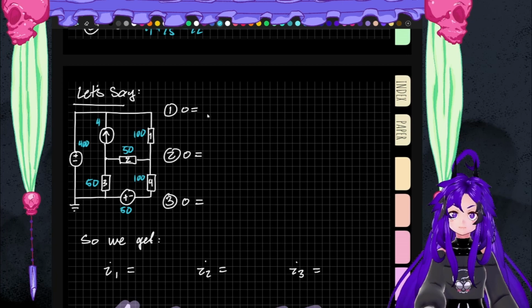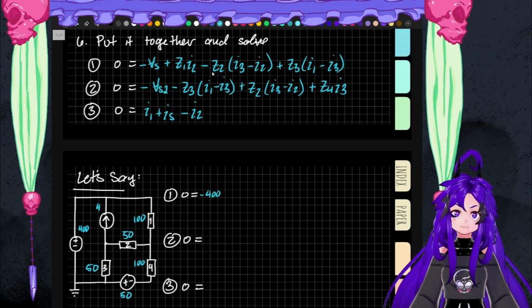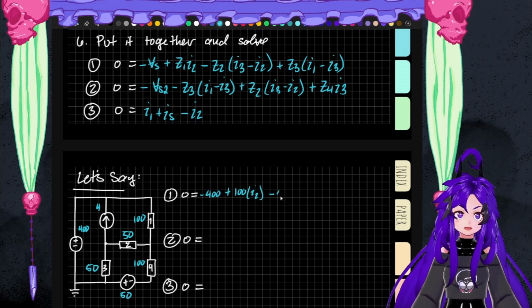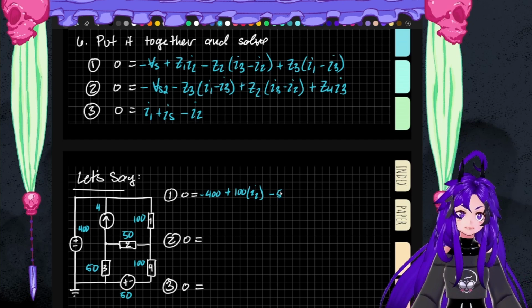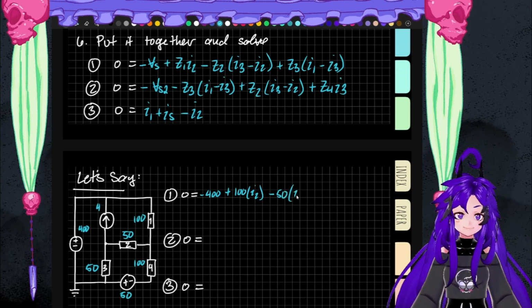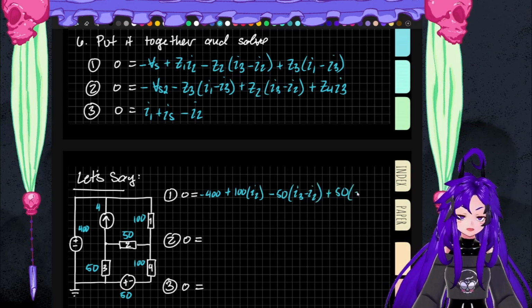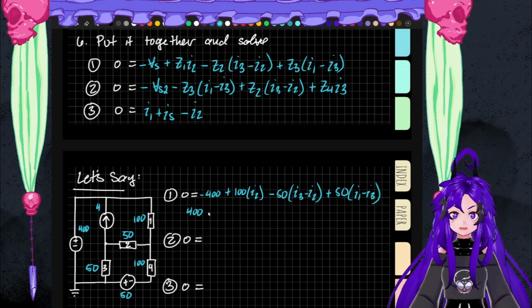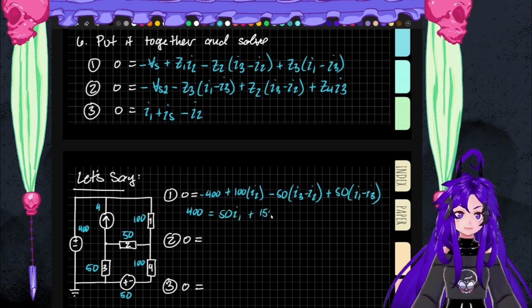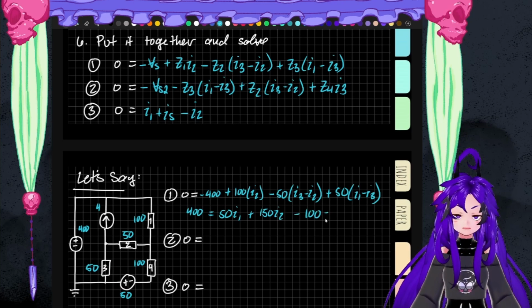So we're going to have minus 400, because that's our source, plus 100 times I2 minus 50 times I3 minus I2 plus 50 times I1 minus I3. If we simplify that out a little bit, we get 400 equals 50 I1 plus 150 I2 minus 100 I3.